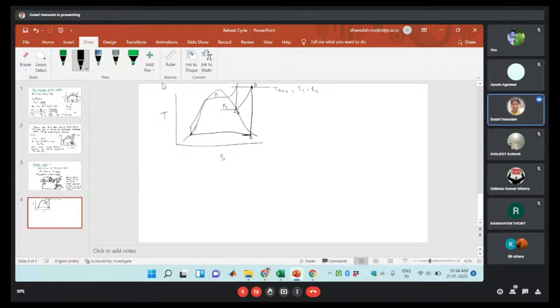This one is the 4S. Okay, this is a point 4S.